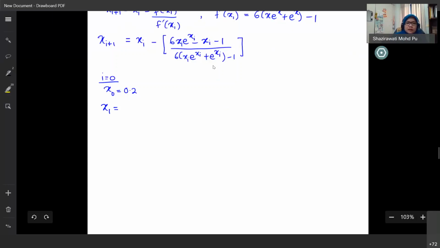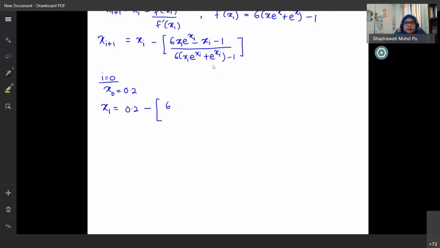Okay, so I'm going to put directly the value of x0 at the right hand side, which is 0.2 minus, so you have 6 times... maybe I don't need to use the x.